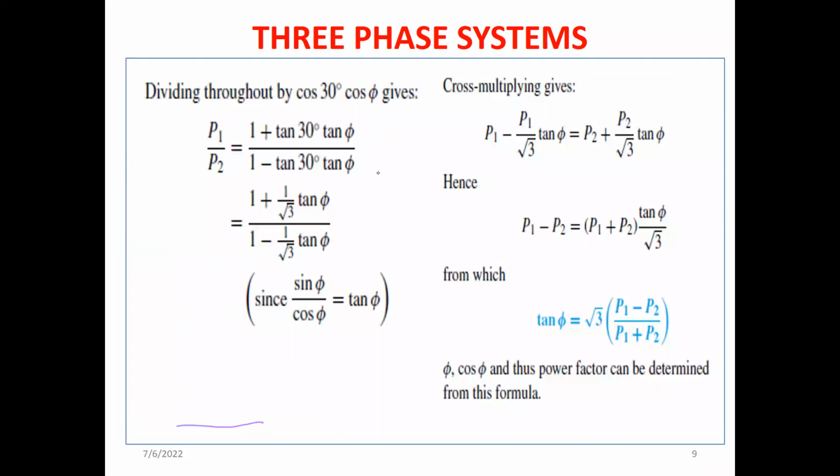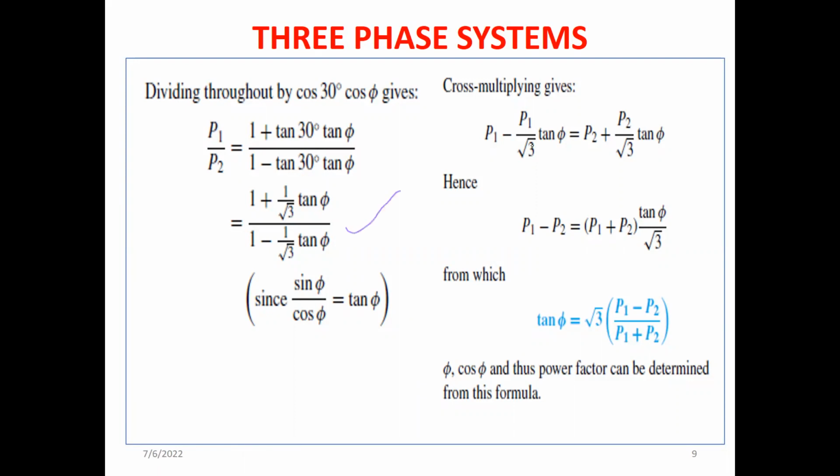We rearrange the two equations of power 1 and power 2 and replace them by that. When we rearrange, we get that. When you find tan 30 in your calculator, you get 1 over the square root of 3, times tan phi, and the same applies to P2.